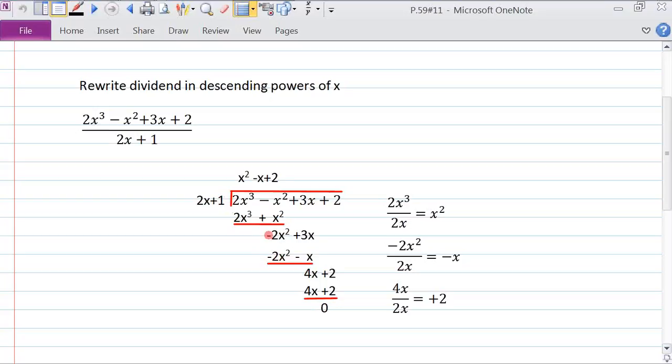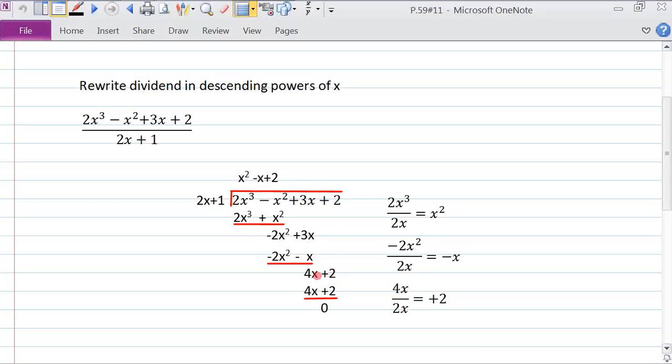Now I'm going to say minus 2x squared minus 2x squared. The sum of these two on subtraction becomes 0. 3x minus minus x, the minus minus becomes plus, so I get 4x. And now I'm going to bring the 2 down.